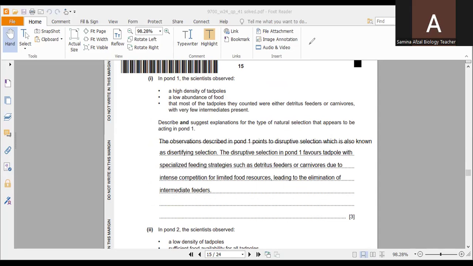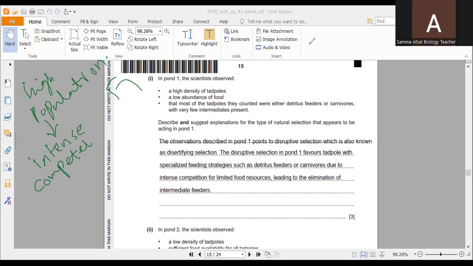High density means the population was high, and a high population leads towards intense competition for resources.